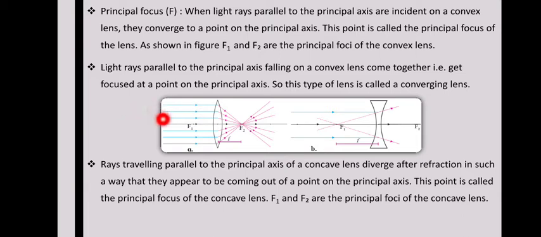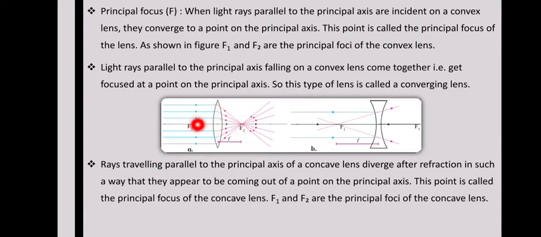Here, this is the principal axis and the lines shown in blue are parallel to it. When light rays parallel to the principal axis are incident on the convex lens, they will converge, meaning they will come to a point on the principal axis.